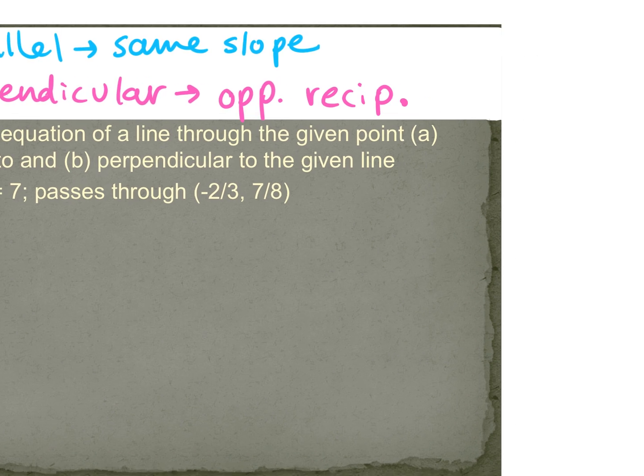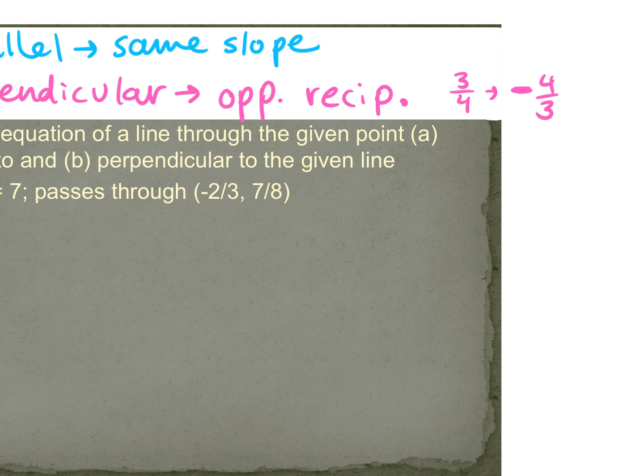An example of opposite reciprocals would be if I had a slope of 3/4. Opposite means that it's going to have the opposite sign, so it'd be negative, and reciprocal means that we flip the fraction, so it'd be -4/3. So if I had a slope of 3/4 and -4/3, these two lines would be perpendicular. So opposite reciprocals.